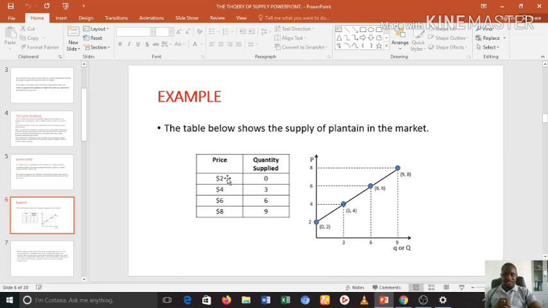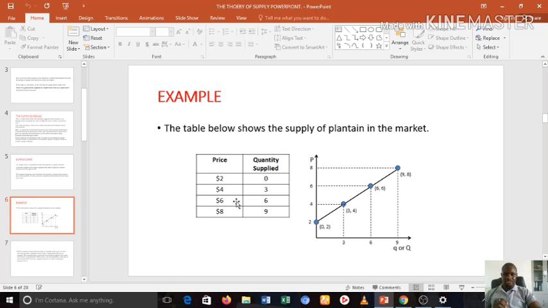When the price is 2, quantity supplied is 0. We have 2 here, price, and the quantity supplied is 0. That is why we have this here. When the price increases to 4, quantity supplied increases to 3. So this is the allocation.